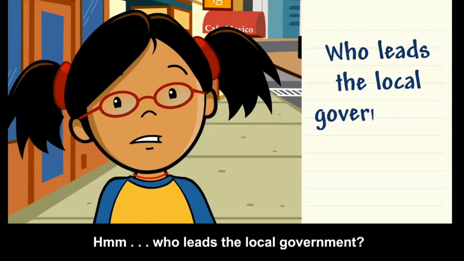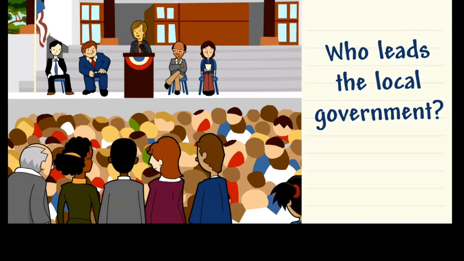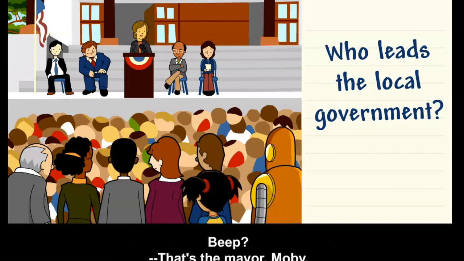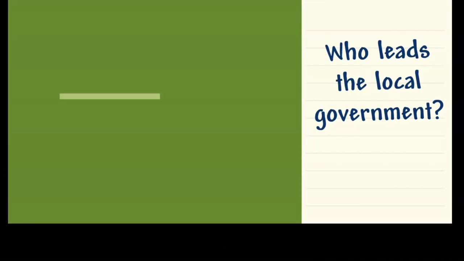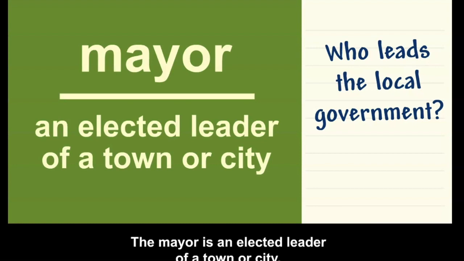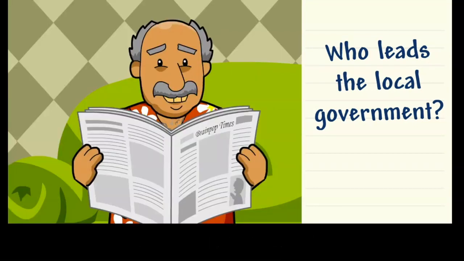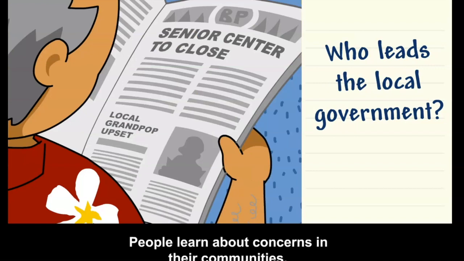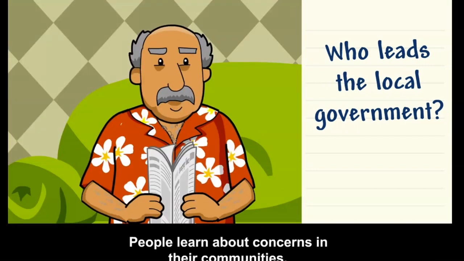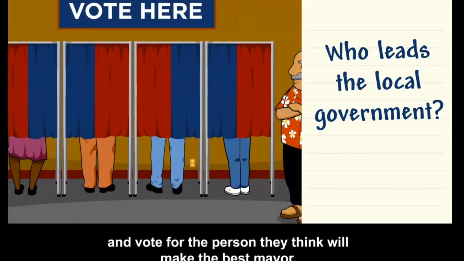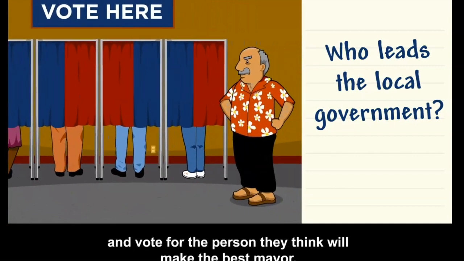Who leads the local government? That's the mayor, Moby. The mayor is an elected leader of a town or city. People learn about concerns in their communities, and they vote for the person they think will make the best mayor.